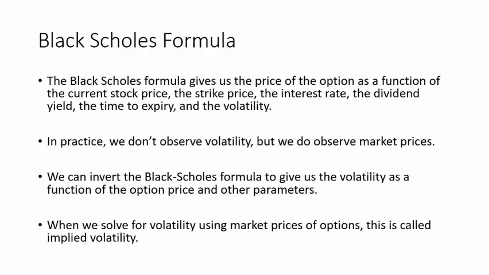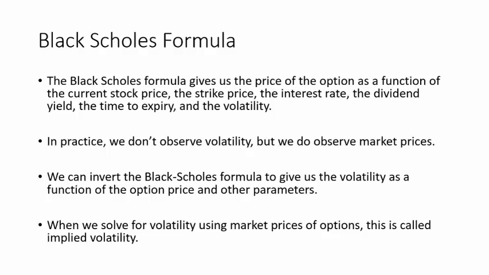Volatility, we actually don't know what it is, and we don't observe it. But what we do observe is market prices. So if you were to look at an option, you'd notice the strike price, you'd notice the stock price, you'd know the time to expiry, you also know the market price of the option. So we actually do observe market prices.